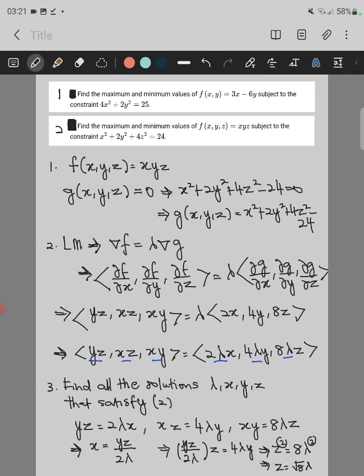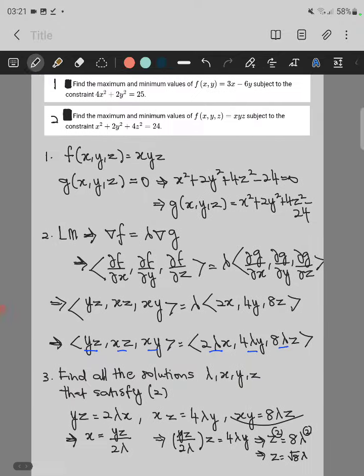Okay, next what we can do is we try to substitute our x here from x equals yz over 2 lambda into xy equals 8 lambda z, sorry. So now we have xy is equal to 8 lambda z.